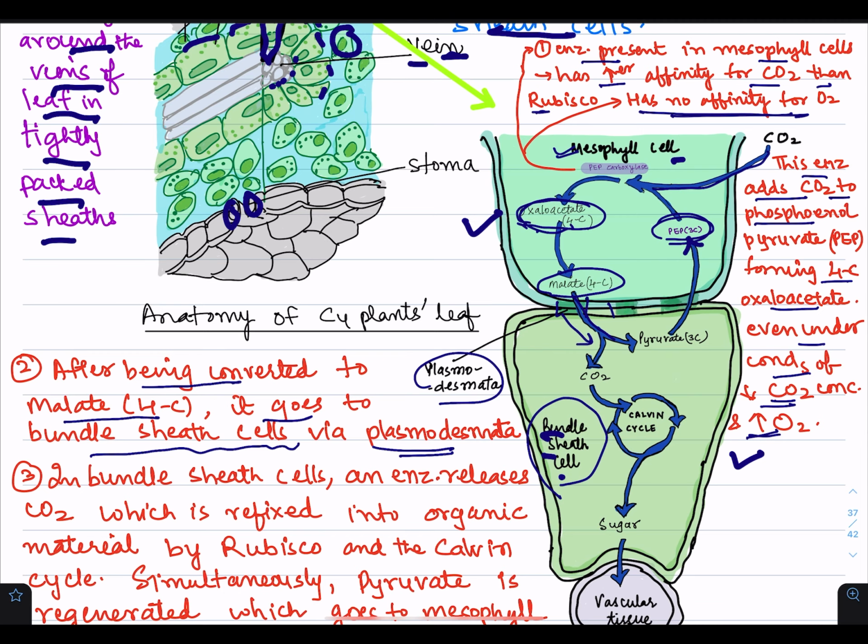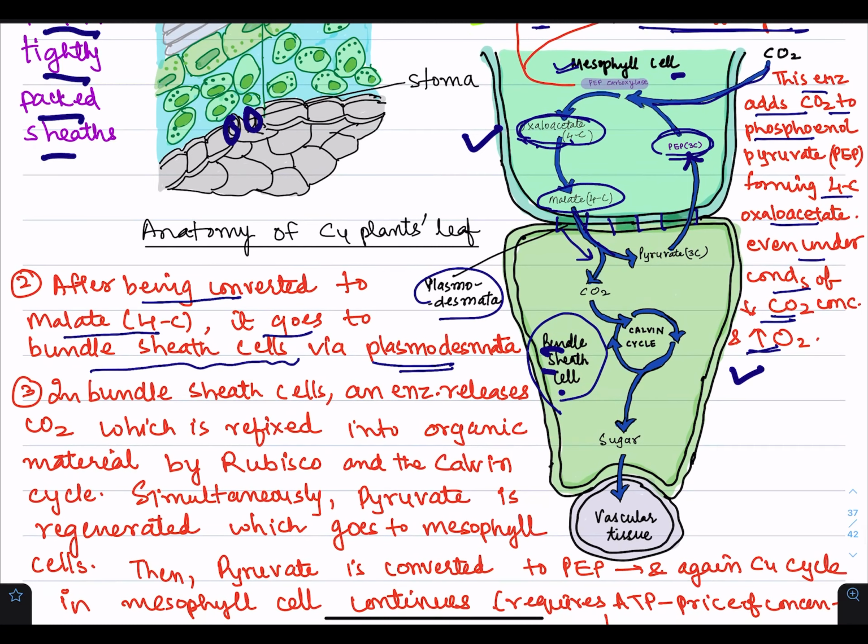These are the plasmodesmata. Now, what is happening in the bundle sheath cells? An enzyme releases carbon dioxide, which is refixed into organic material by Rubisco and the Calvin cycle.